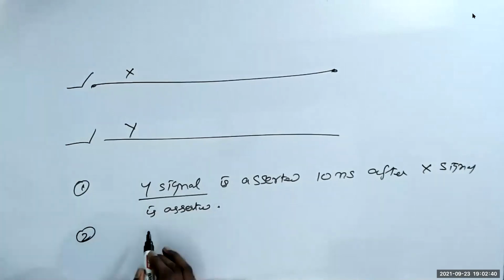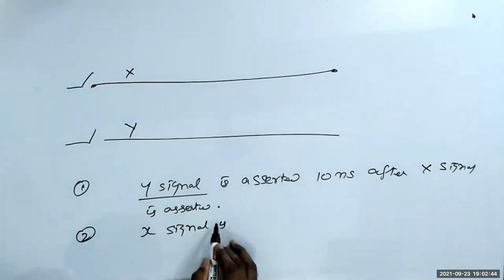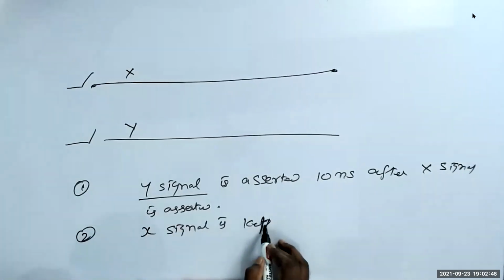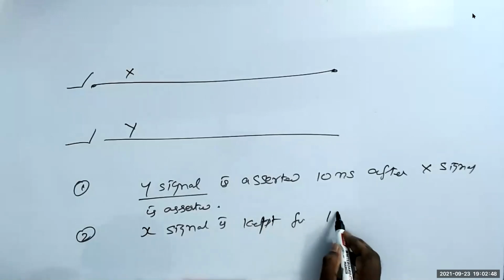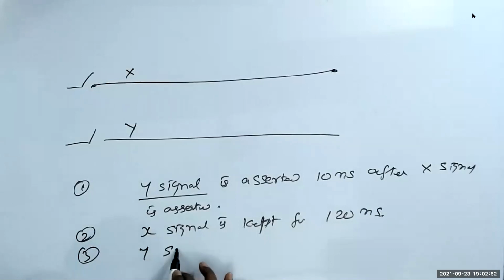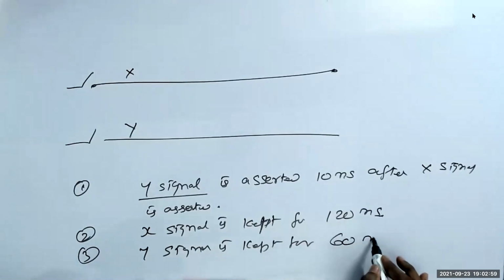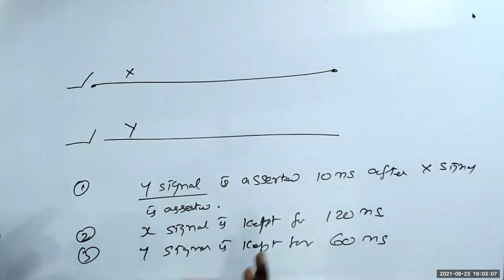Two, the X signal is kept for 120 nanoseconds. Third, the Y signal is kept for 60 nanoseconds. Understood?